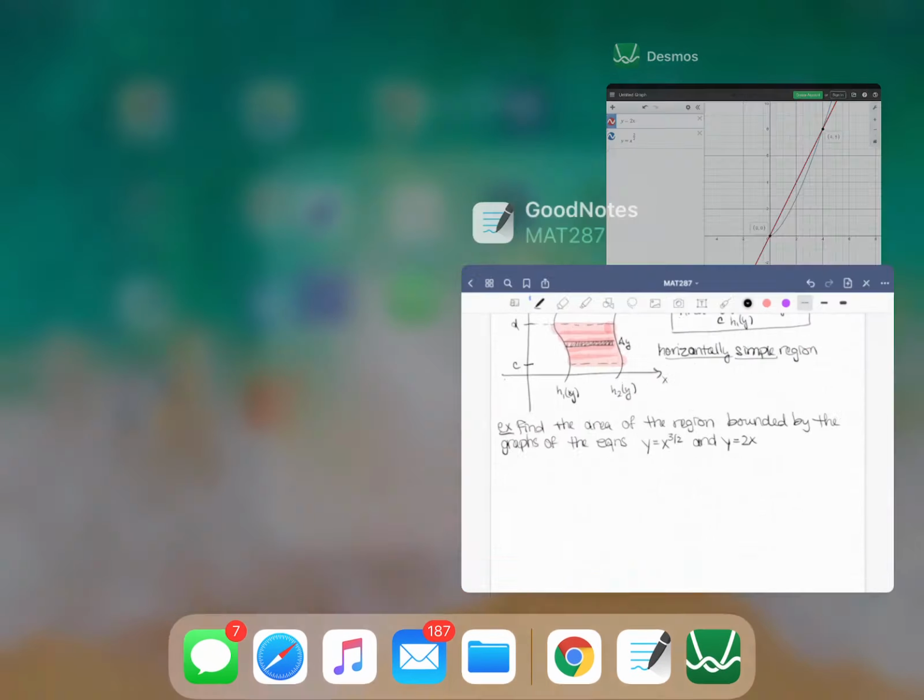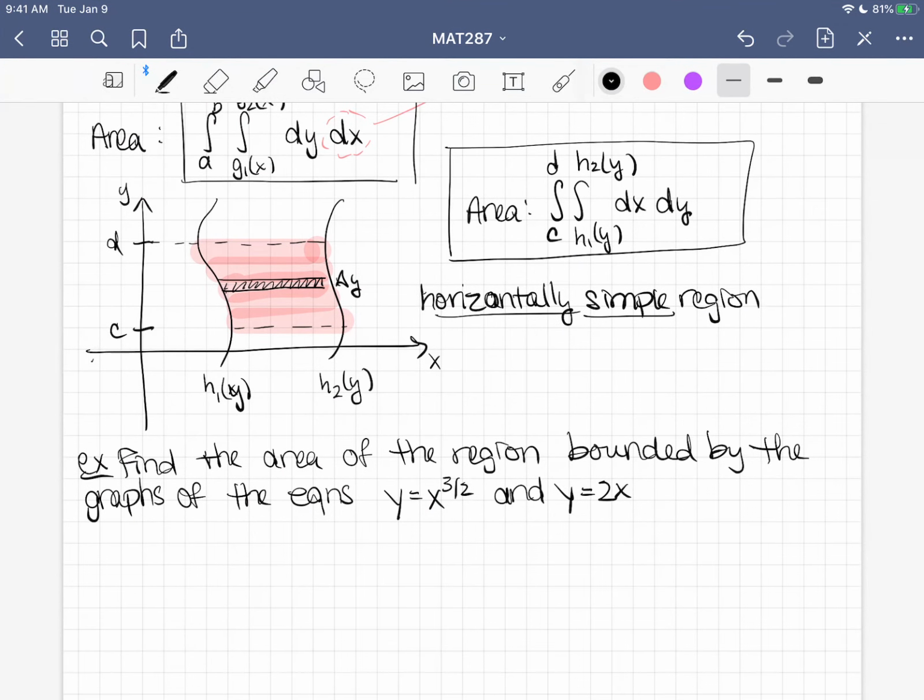Okay, so let's draw a sketch of that here. I'm just going to draw a rough sketch, because I can't go up that high. Let's just do it like this, and like this.